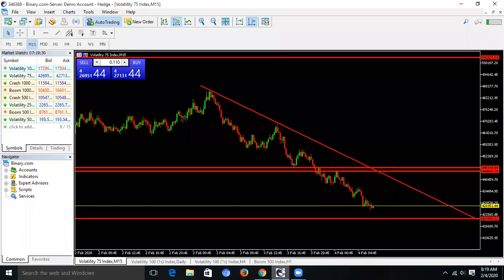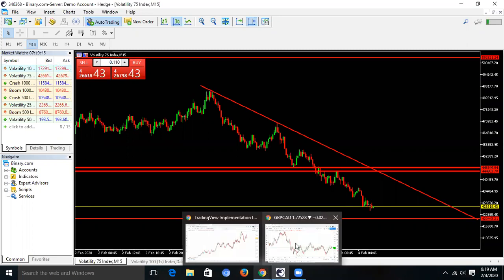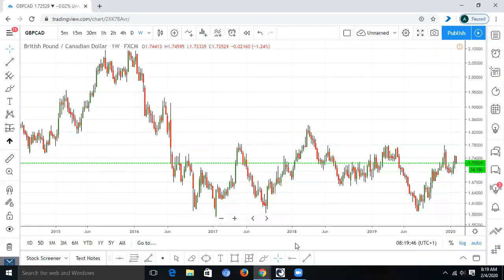Let us look at another currency. Let's look at currency pairs. Who wants to suggest one? What currency pair shall we look at?